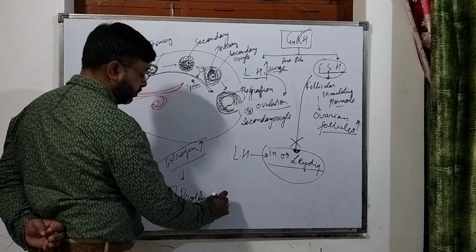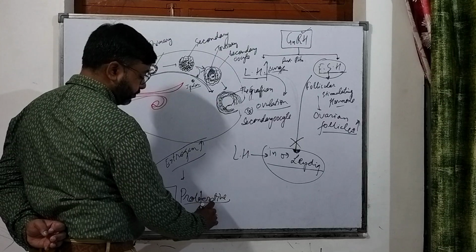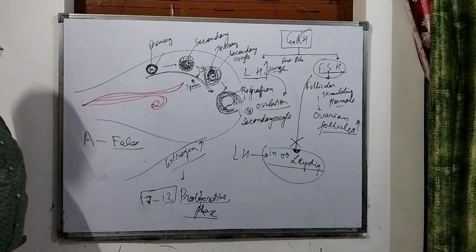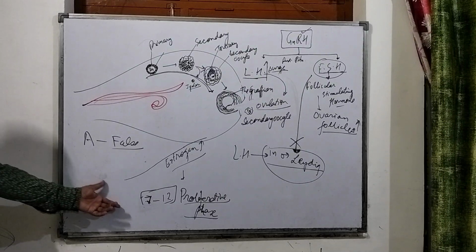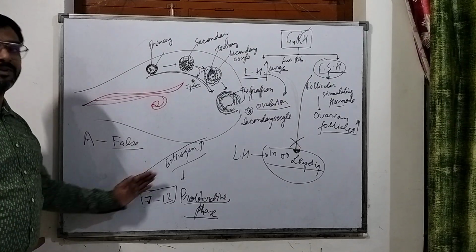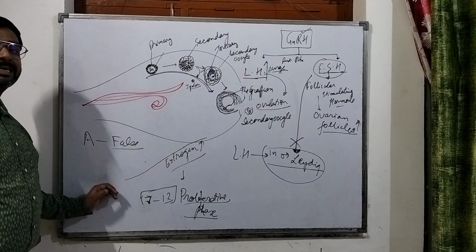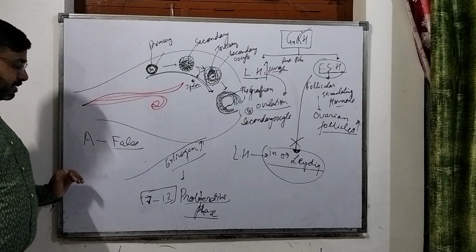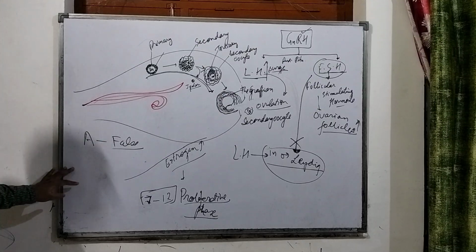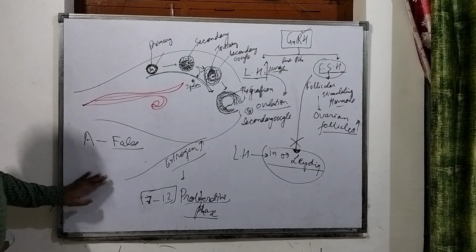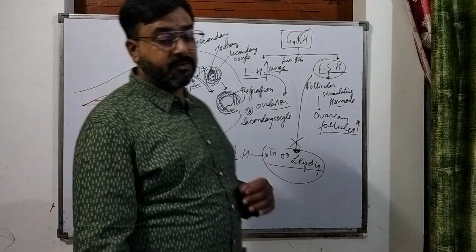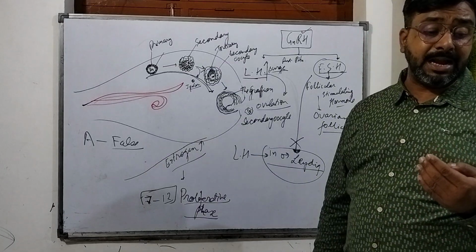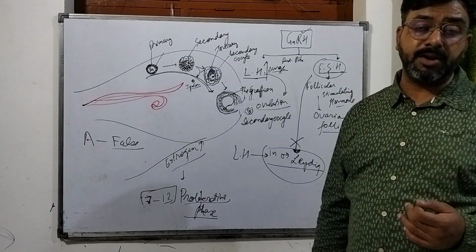Proliferative phase, this name is given on the basis of estrogen. This estrogen will induce the growth of the endometrium, which was degenerated during the first phase of menstruation, because menses has taken place. Now the estrogen level will rise. So the reason given was that growing ovarian follicles secrete estrogen in human females, while interstitial cells secrete androgens in human males.